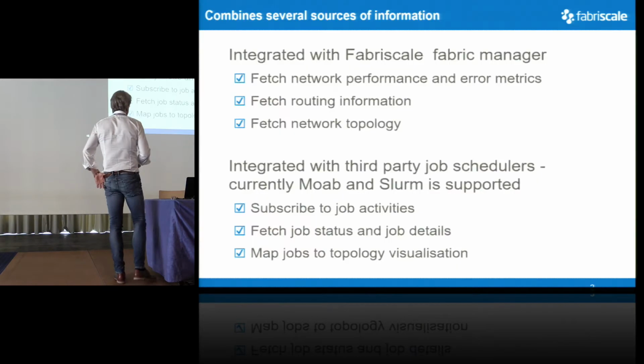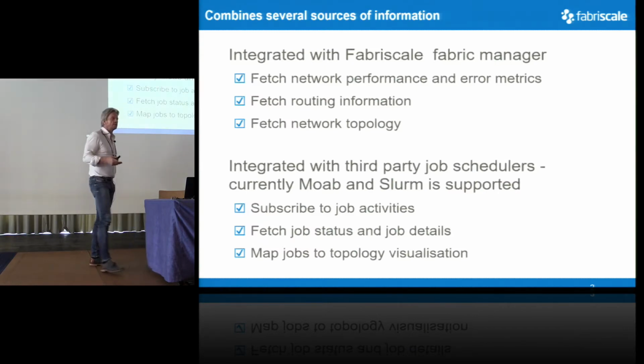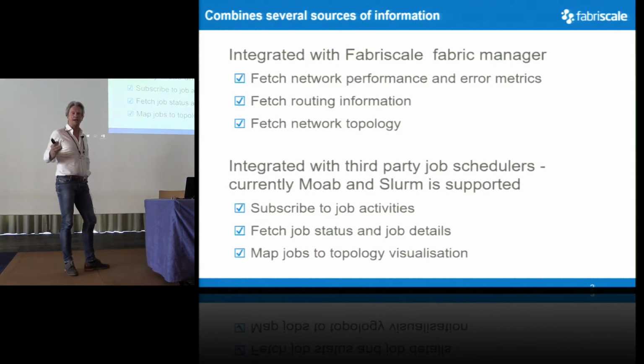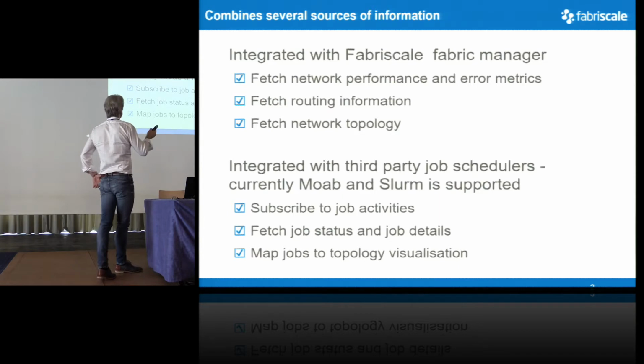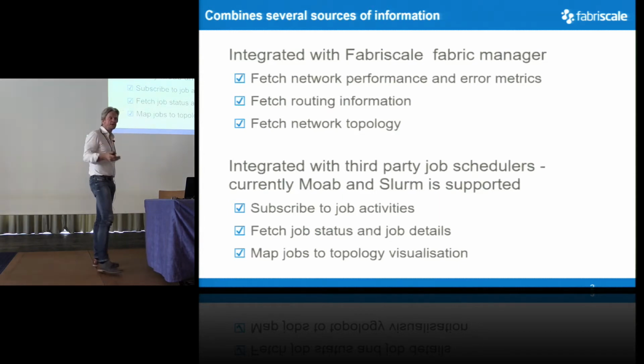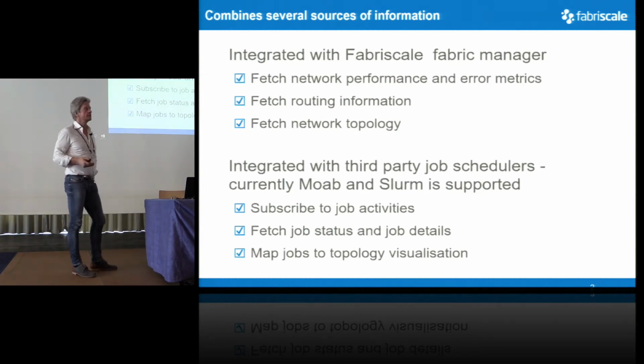And the system is based on combining and displaying data from various sources. Of course, we fetch network performance and error metrics, and we have access to the routing information, the same for topology information. We also integrate with resource managers.